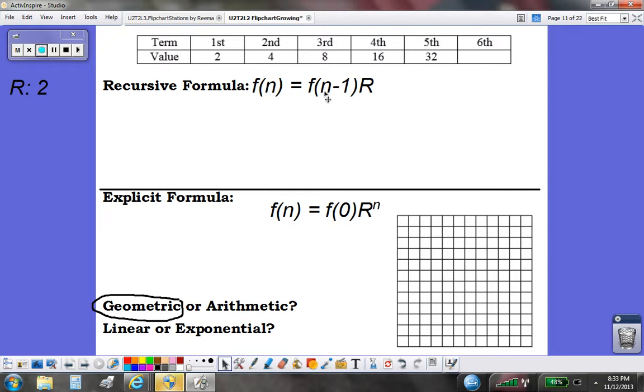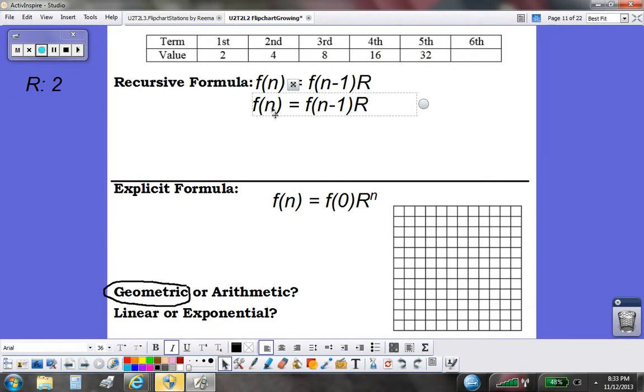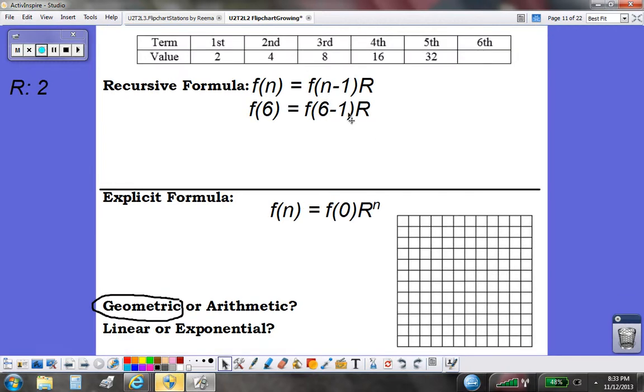In this case, this is the sixth term. So I have f of n, the sixth term. If I'm trying to figure out the fifth term, what I do is go back one. So 6 minus 1 gives me 5. So that's how I get my fifth term.